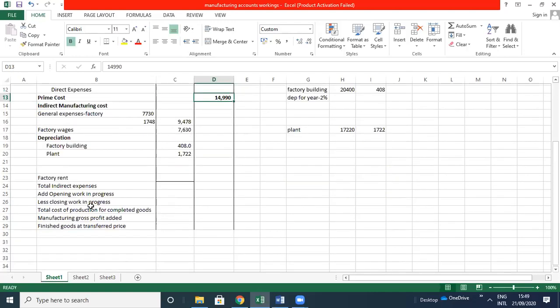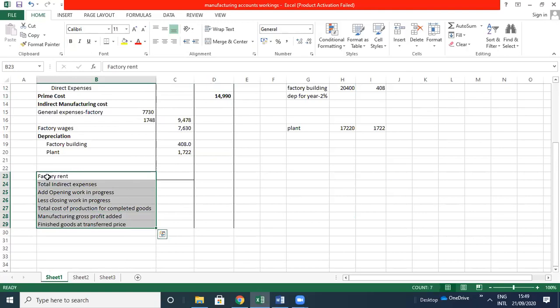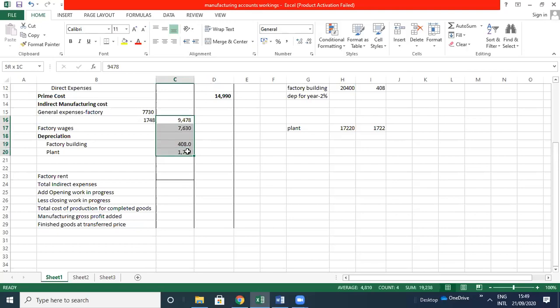We are also getting it wrong. So we proceed with our workings here. Any other indirect expenses? Any other? Then we can add this. If there is no other affecting the factory, we can add those.